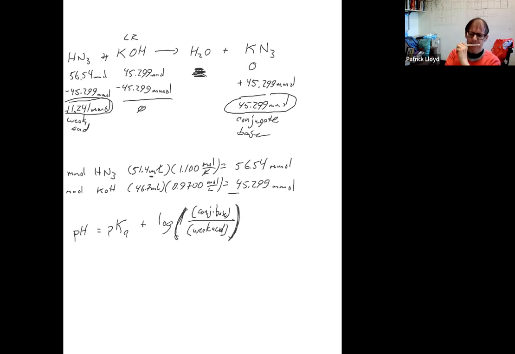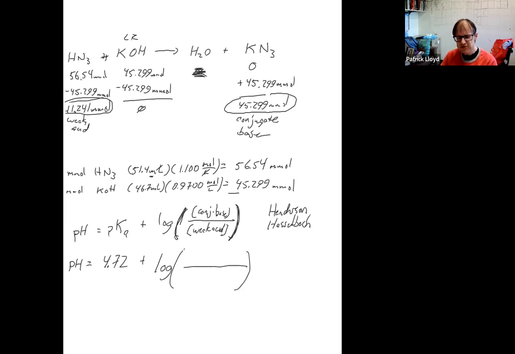If you have a weak acid and its conjugate base in the same solution, we can use this Henderson-Hasselbalch equation. Okay, and that's how we're going to do this. We already know the pKa. It's 4.72. And then we can add the log. Now, we don't have the concentrations, we just have the millimoles.